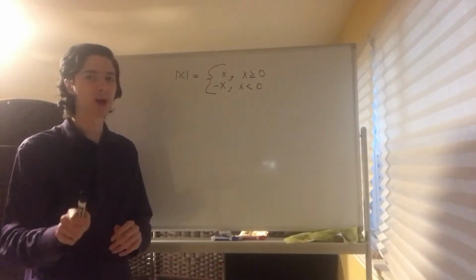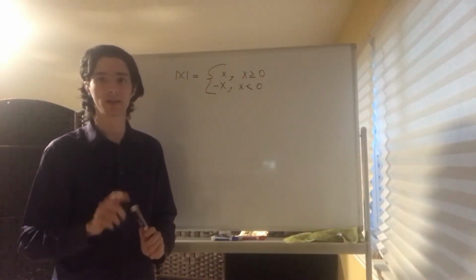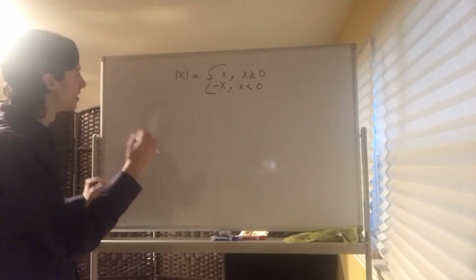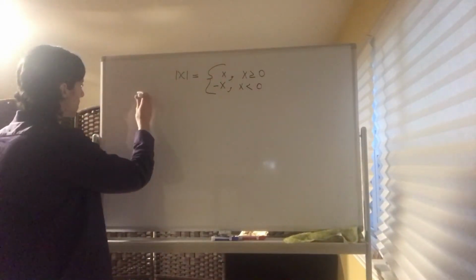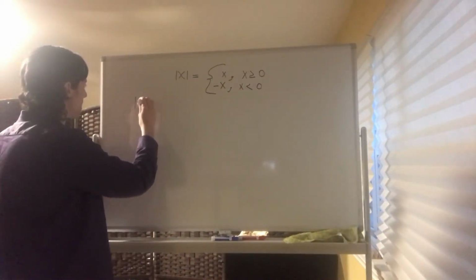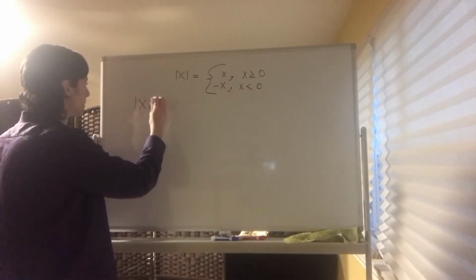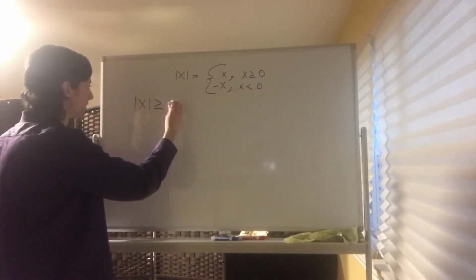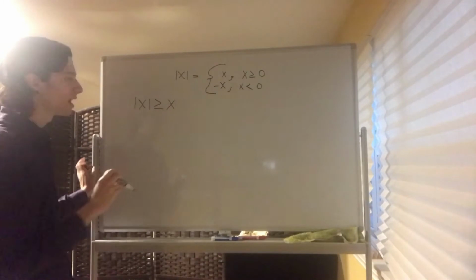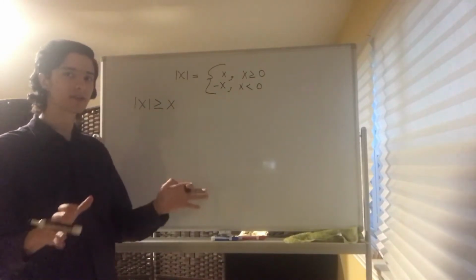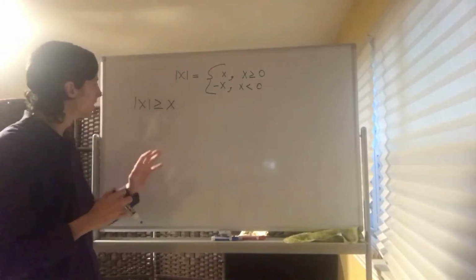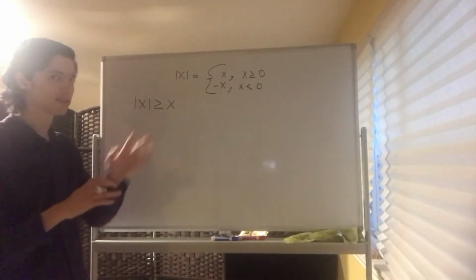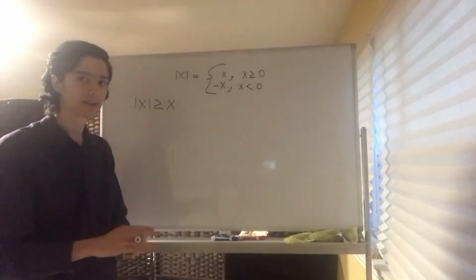Now the first property I want to look into is the following. This is the idea that the absolute value of x is greater than or equal to x. And intuitively, we can think about it this way, right? Absolute value of x is the positive version of x.